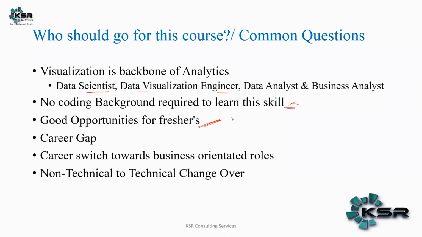Even for freshers, you will get jobs as data scientist or data visualization engineer when you learn these hot skills. All these 5 tools are hot skills, and they will be in the market forever. Once you learn all these tools, for a minimum of 5 to 10 years you need not learn anything else. If you learn all 5, I'm saying you can easily survive in IT for a minimum of 5 to 10 years.